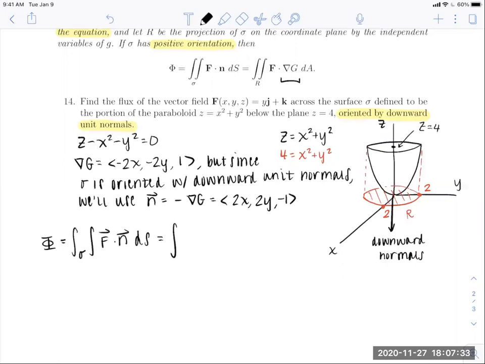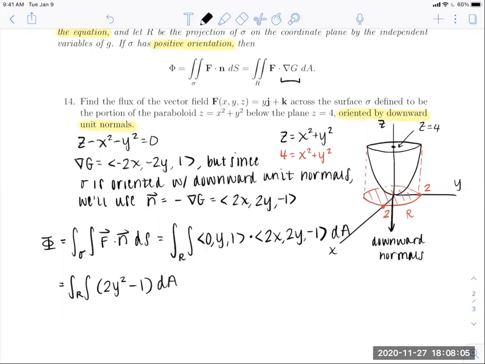We're going to instead write that as f, which is 0, y, 1, dotted with our n, which is negative gradient g of 2x, 2y, negative 1, dA. And we'll come back to those limits of integration, but first let's set up our integrand. So what we get here is 2y squared minus 1 dA.